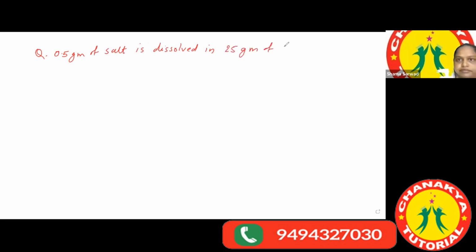Okay, write down: 0.5 gram of salt is dissolved in 25 gram of water.